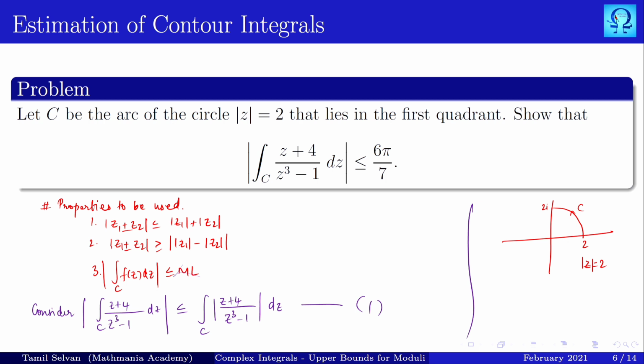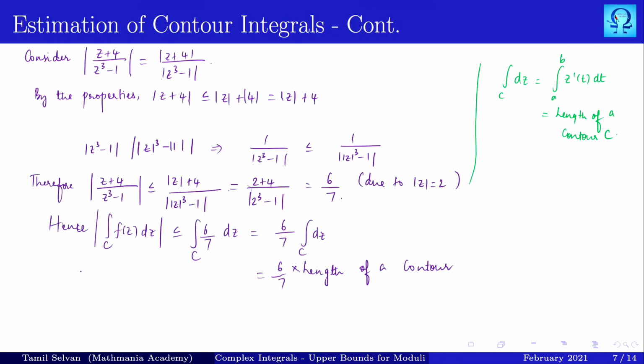If you find the perimeter value and divide it by 4, you will get the length of C. So from the figure, the length of the curve is 1/4 times 2 pi r, that is 1/4 times 2 times pi times 2, which is simply pi.